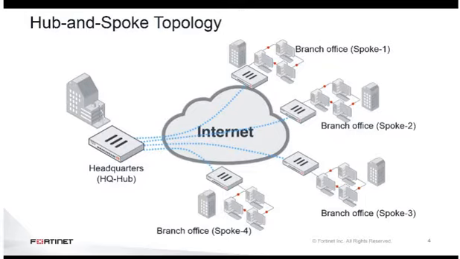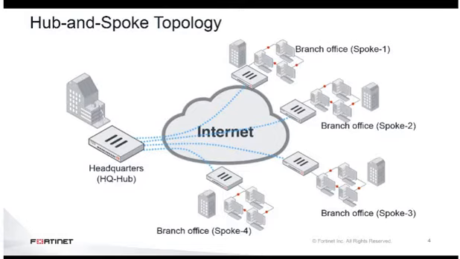One advantage of using this topology is that you can easily manage the VPN configuration and firewall policies. Also, system requirements are minimal for the FortiGate devices that function as branch offices, because each FortiGate must maintain only one tunnel or 2 SAs. In this example, 4 tunnels or 8 security associations, SAs, are necessary in the hub.